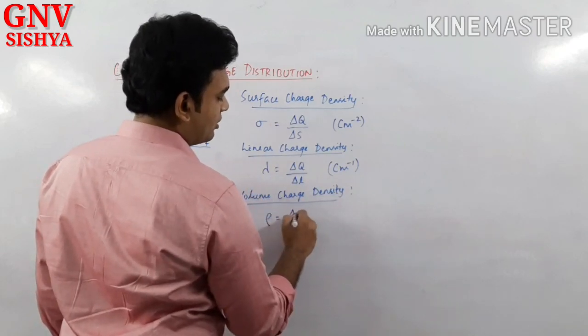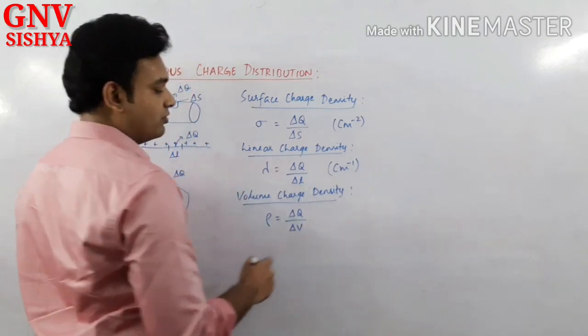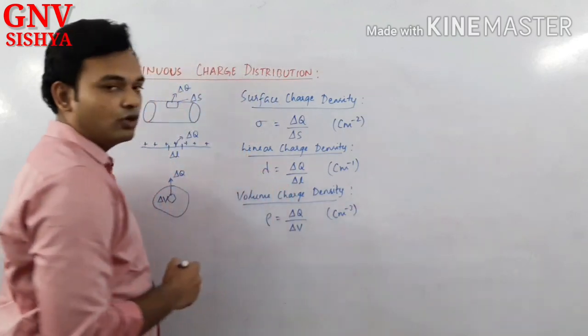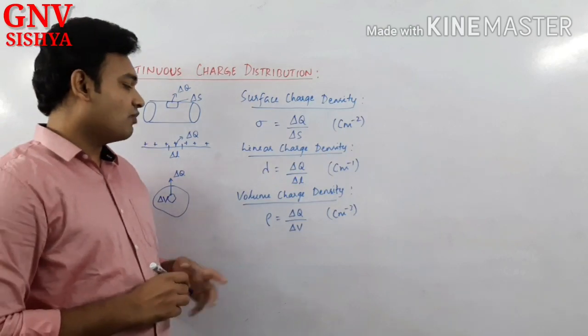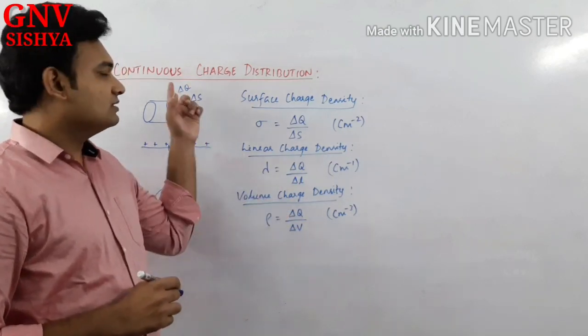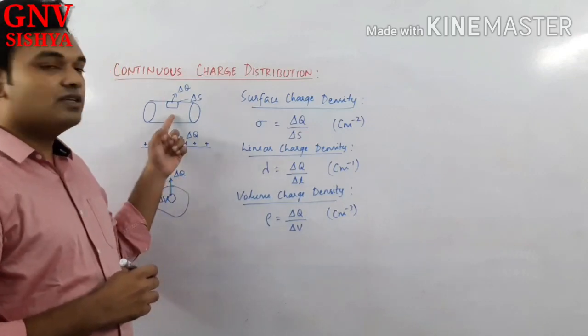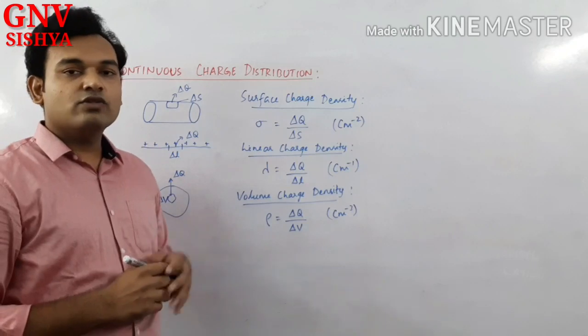It will be equal to del Q by del V, the charge per unit volume. The unit for that will be coulomb per meter cube. These three terms, surface charge density, linear charge density and volume charge density, come under continuous charge distribution, assuming that the charges in these areas, along the length, or in a volume are uniformly distributed.